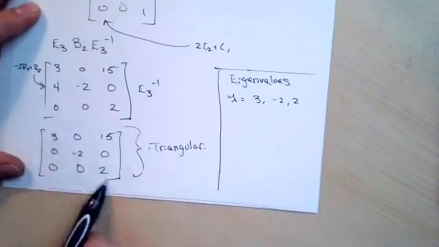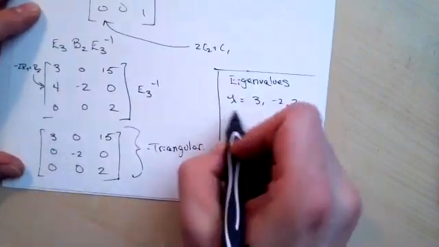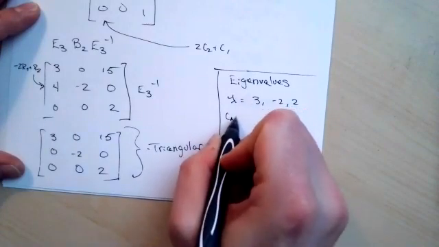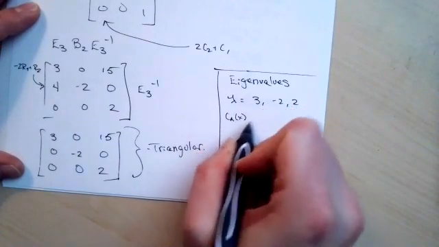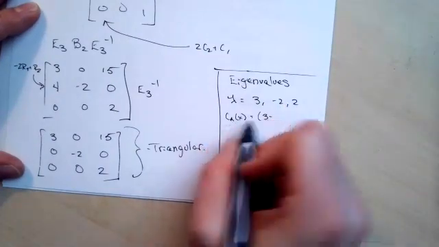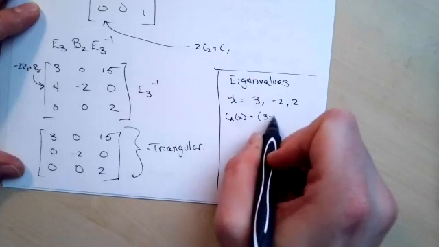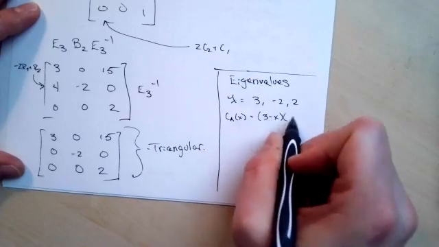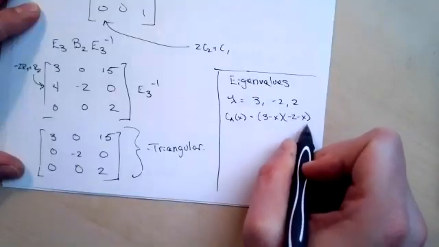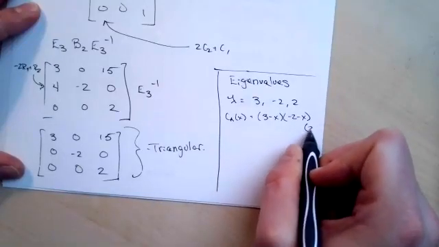The characteristic polynomial is going to be the product of factors on the diagonal. So our characteristic polynomial of A, whether you want to keep it as x or lambda, you write it as 3 minus lambda or 3 minus x, times -2 minus x, and then the other factor is 2 minus x.